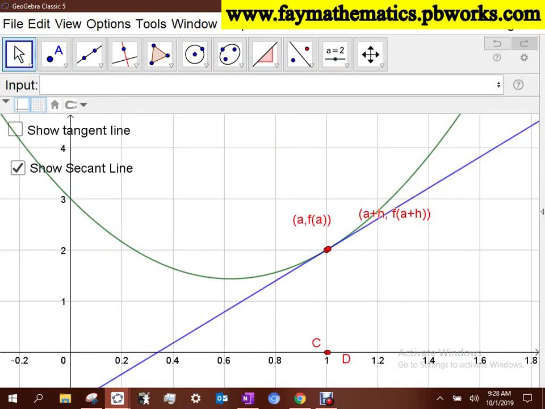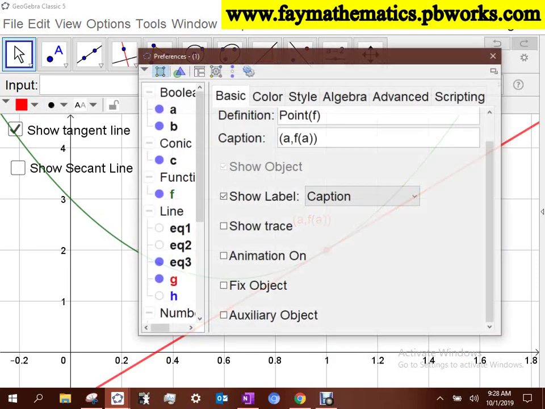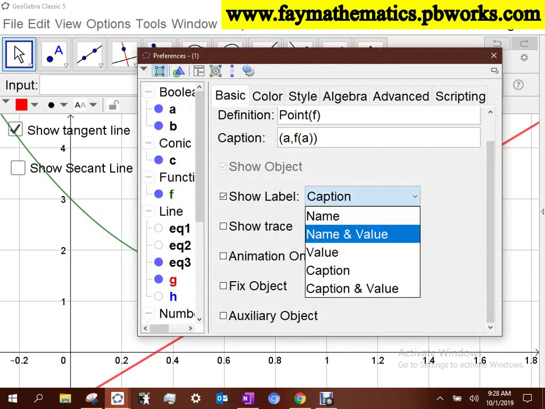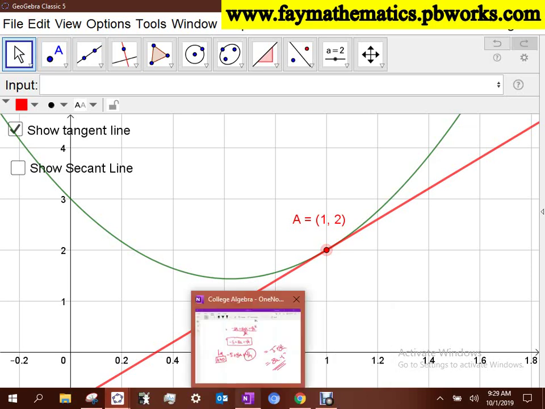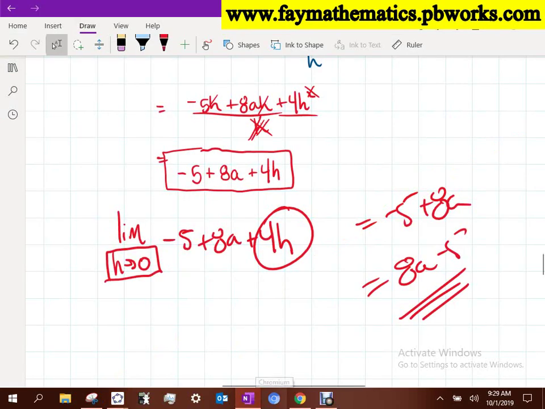Okay, so let's do that. I'm just going to switch around things here. So the lowercase a right now would be 1. Does that make sense to everybody? If I were to find the slope of the green curve at that point, capital A, all I have to do is plug in 1 into this expression.